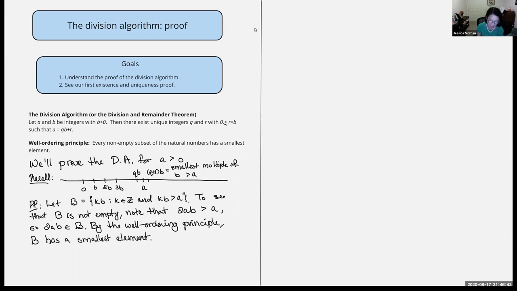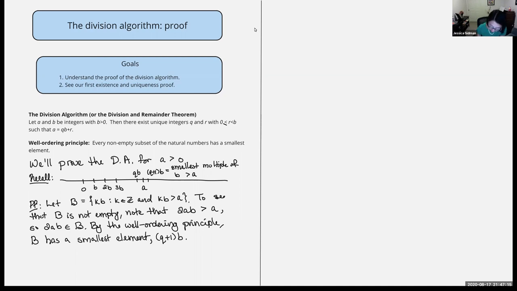Okay, and I want to give a name to that smallest element, and I'm going to be really clever. I'm going to look at this picture that we drew, okay? And the picture says the smallest multiple of B that's greater than A, it will be handy for us if we call that (Q plus 1)B. It has the smallest element, and we're going to call it (Q plus 1)B. There exists one, and we can call it this, okay?